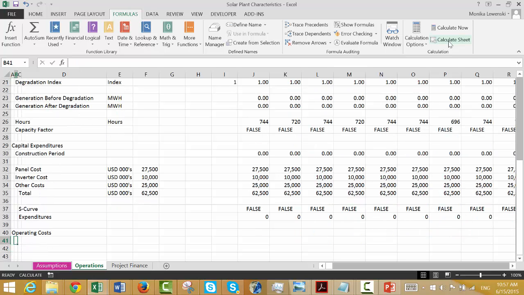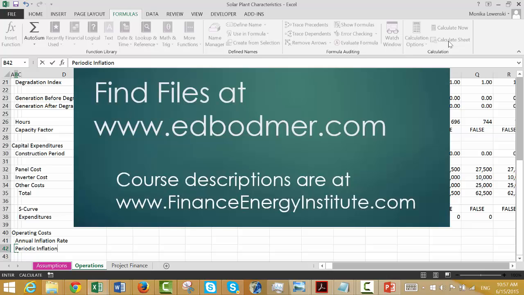And I know it's very boring. You can of course turn all this off, but let's put our inflation, annual inflation, and then inflation, periodic inflation, and then inflation index.